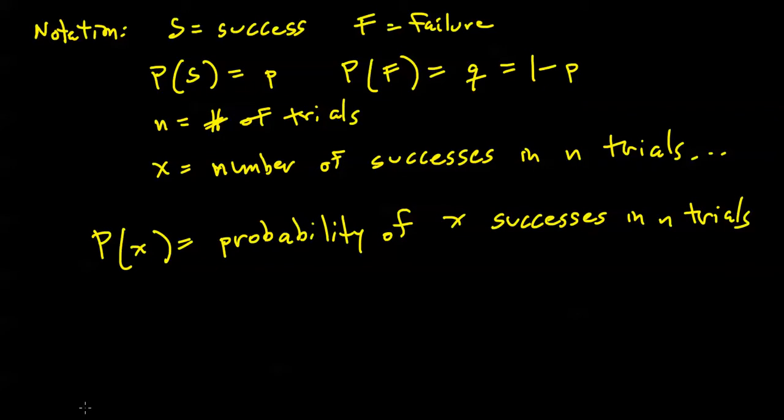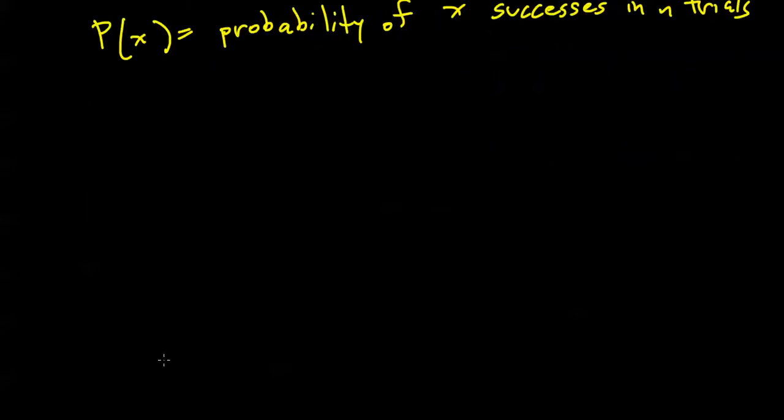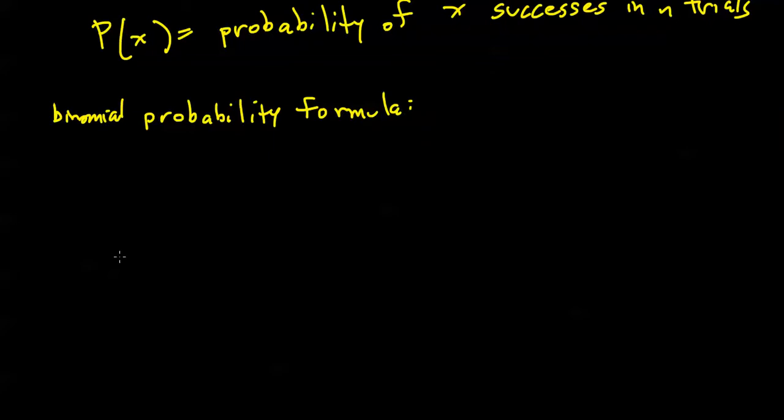I'm going to invoke now this binomial probability formula. I hinted earlier that there is a formula we're going to be developing today. Binomial probability formula. Let me label it like so.